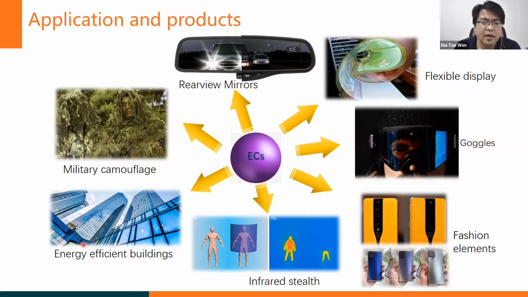And the biggest potential, as I just mentioned, is for energy efficient buildings, to reduce the energy consumption inside modern buildings, especially in big cities. And in this last part in the right figure, it has now been applied to fashion elements, for example, in mobile phones. Right now there are two companies in China trying to apply electrochromic materials in their real mobile phones.